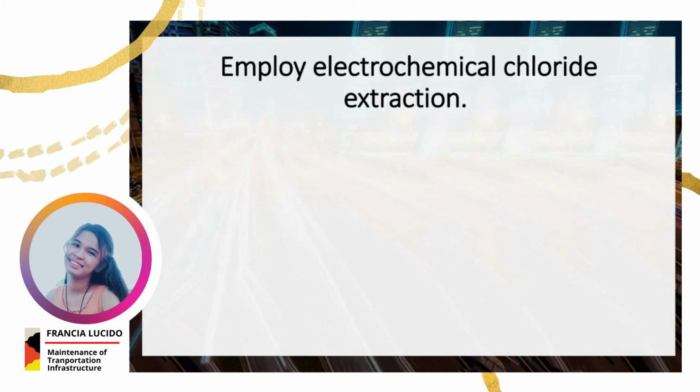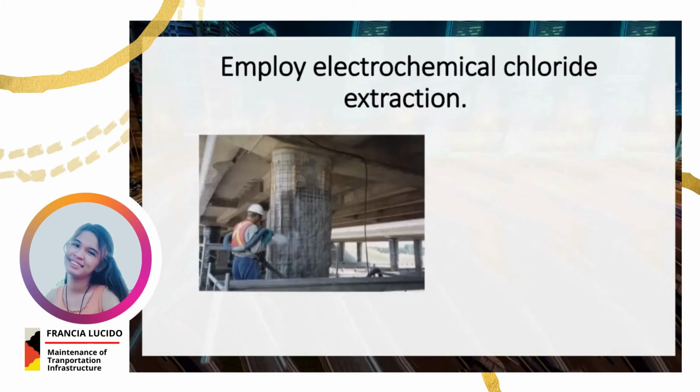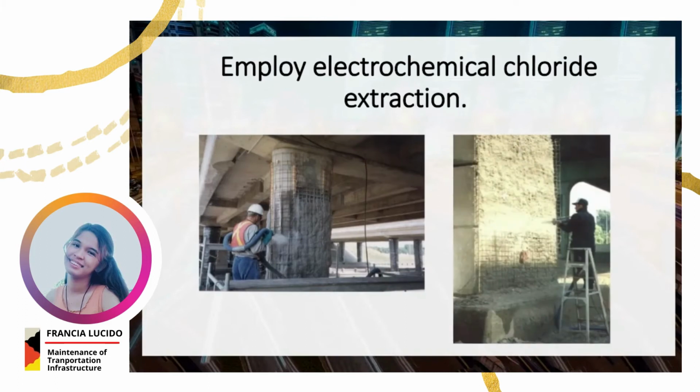Another one is employ electrochemical chloride extraction. Electrochemical chloride extraction and desalination removes chloride ions from contaminated concrete and reinstates the passivity of steel reinforcement. Chloride is extracted by creating a temporary electric field between the concrete reinforcement and an anode mesh that is installed externally.